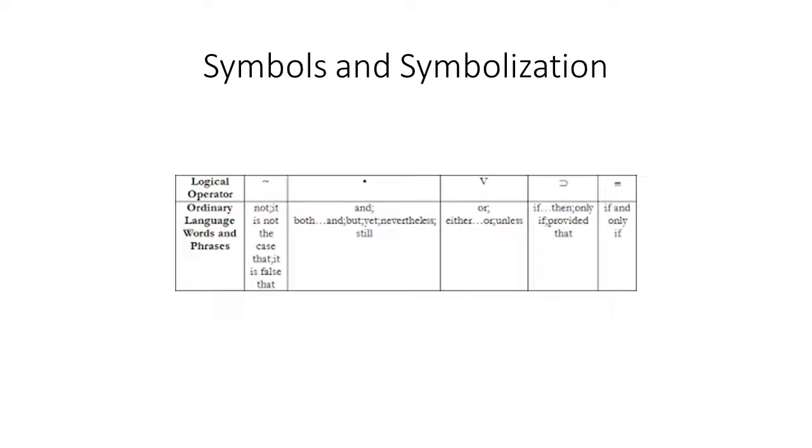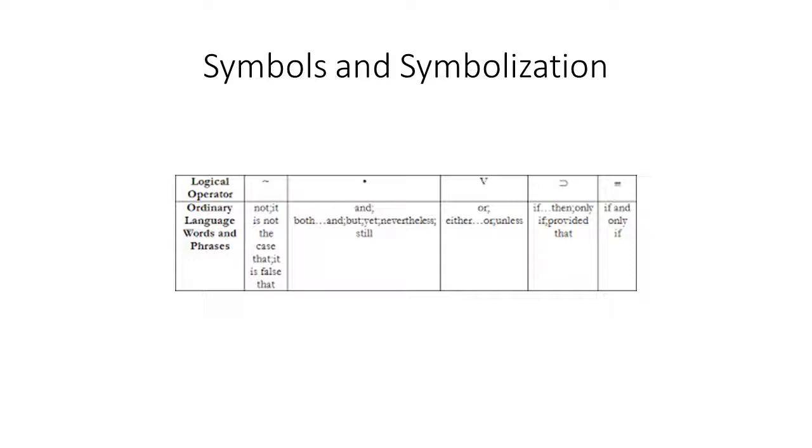As a review from last time, we have our symbols, our logical operators: the tilde, the dot, the wedge, the horseshoe, and the triple bar or biconditional. These correspond to ordinary language words and phrases. The tilde corresponds to words like not, or it's not the case that, or it's false that. The dot to and, or both and, or but, or yet, or nevertheless, or still. The wedge to or, either or, unless.